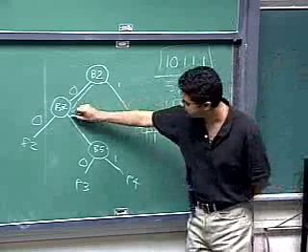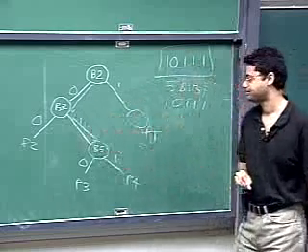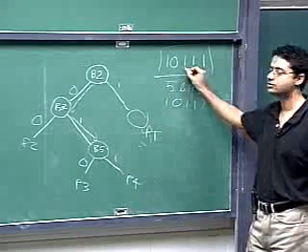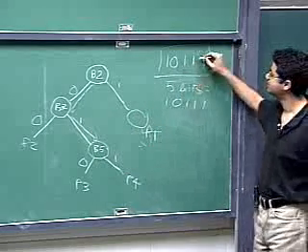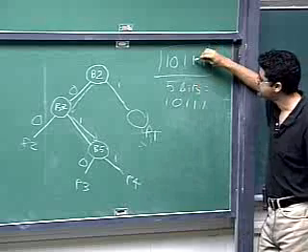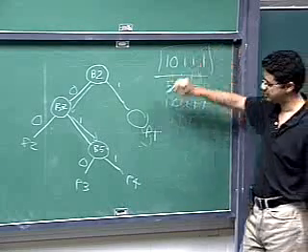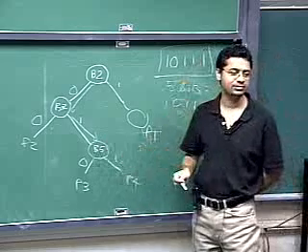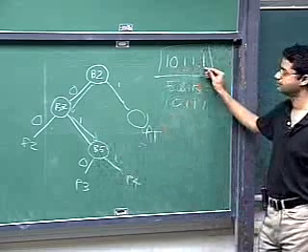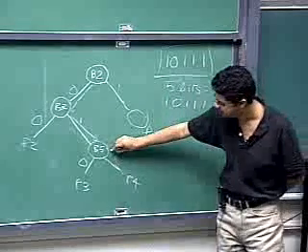So now you go here. Now the problem is you have not checked bit number 4. Patricia tree is telling you you just have to check bit 5. So you check bit 5, you go here.